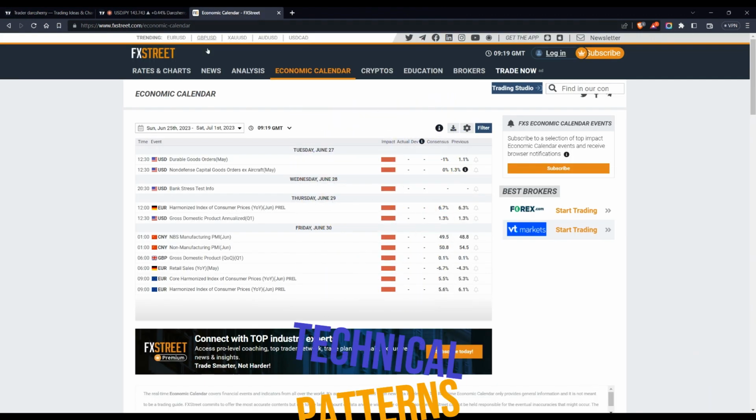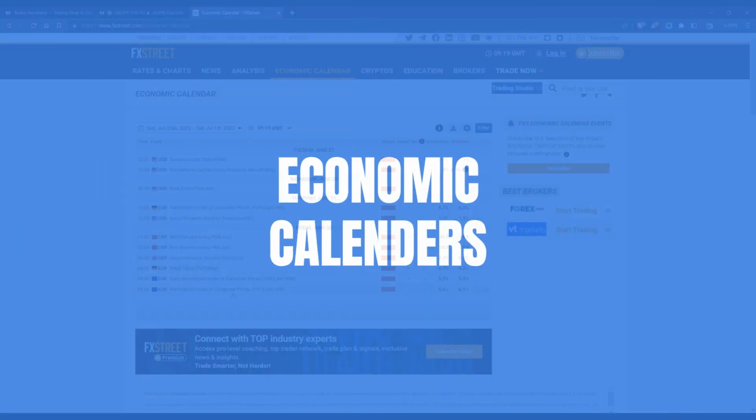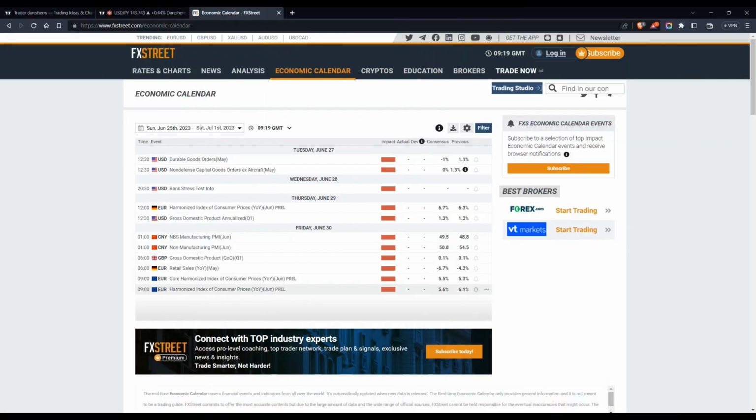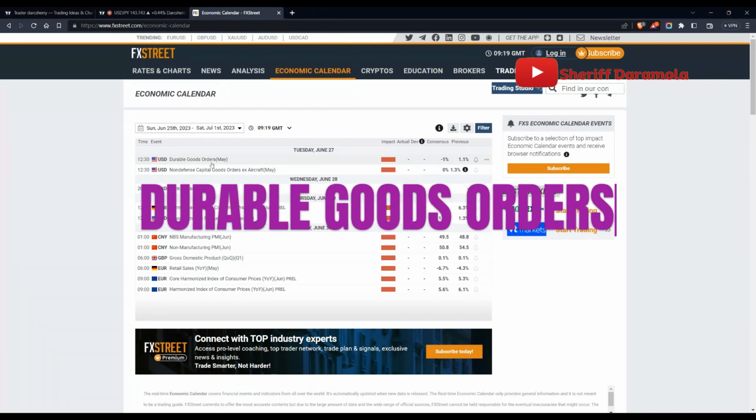Now, on the economic calendar, I was able to pull out a handful of events coming in from the US economic docket. And we focus on high impact events here. So the first high impact event would be coming on Tuesday, June 27. And we have the durable goods orders for the month of May.